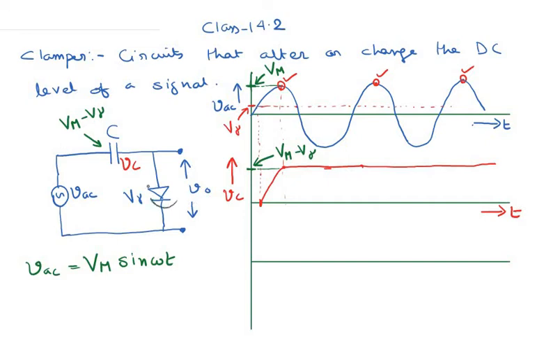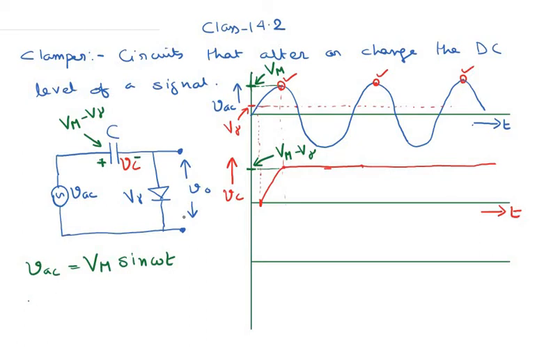Now, since the diode is in a reverse biased or non-conducting state for most of the time duration, the polarity of the voltage developed across the capacitor is like this: plus on the left side and minus on the right side.